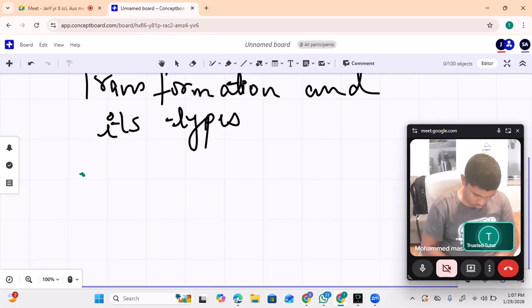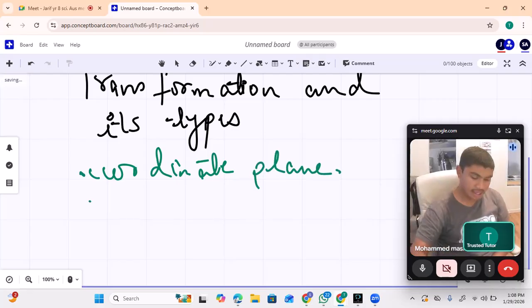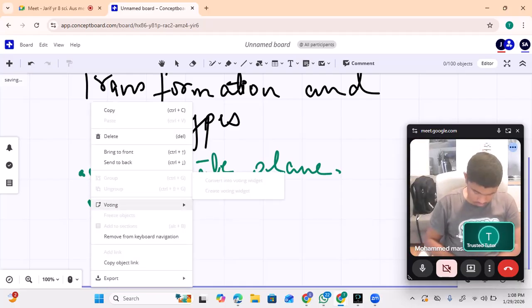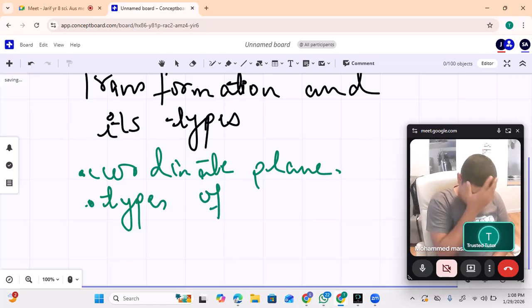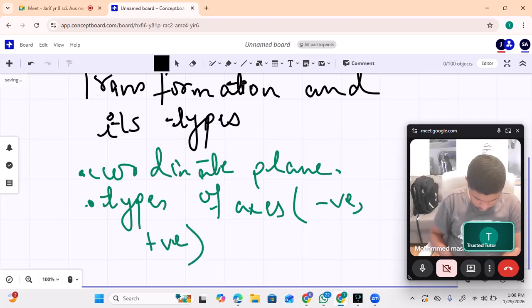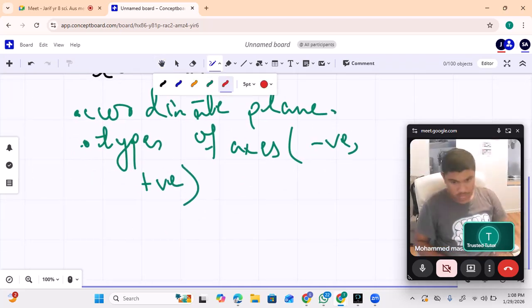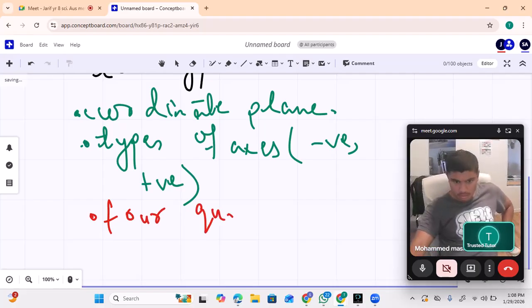We also learned about the coordinate plane in transformation: the y-axis, negative y-axis, those things. We did the types of axes, the negative and the positive one. And I also told you that there are four quadrants. We also learned about the quadrants which are present.